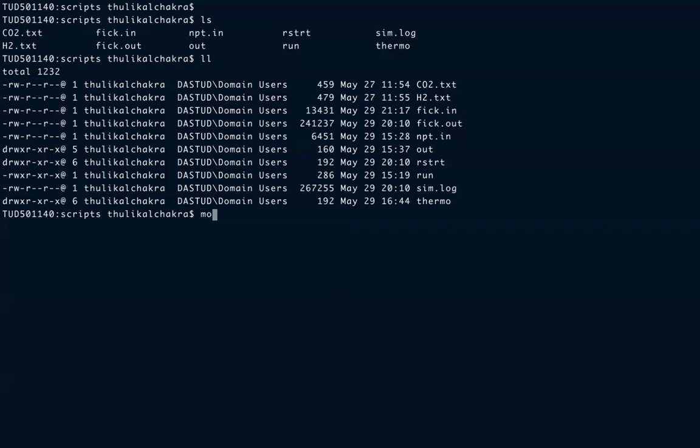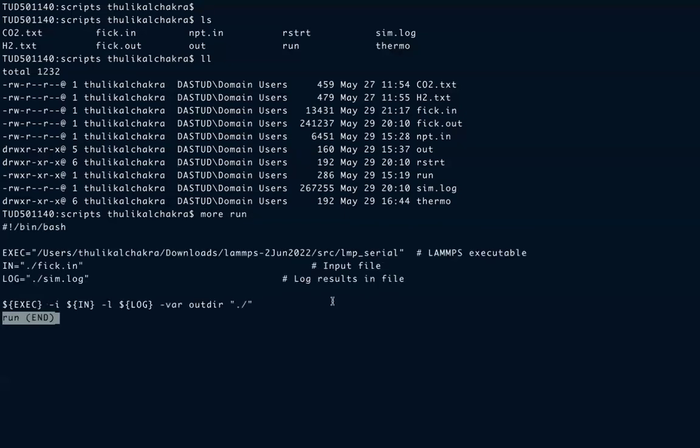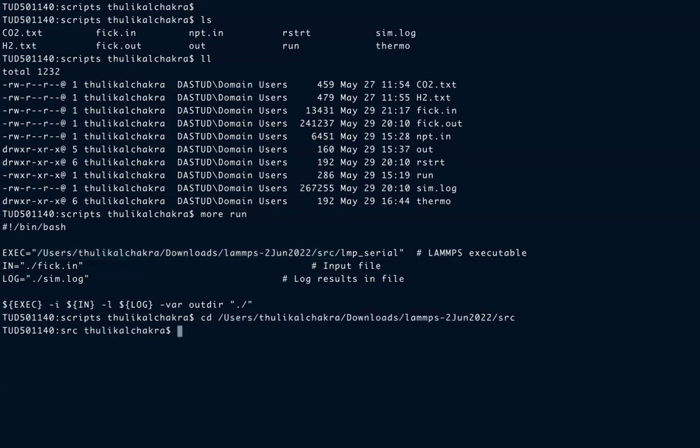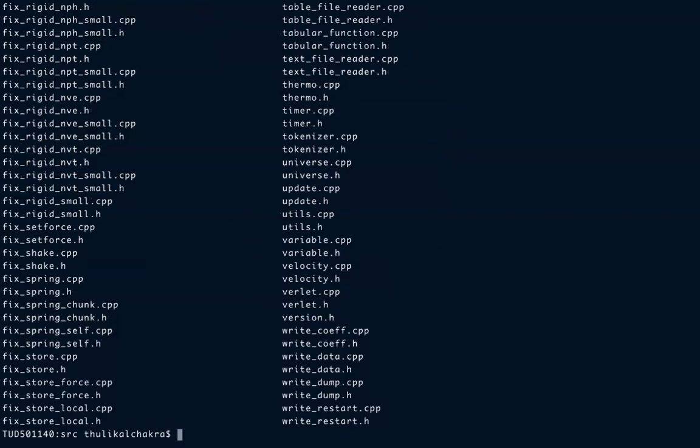In our case, our LAMMPS directory is situated in this particular folder. So we are now inside the source directory.